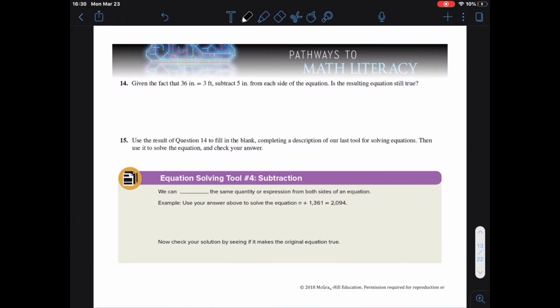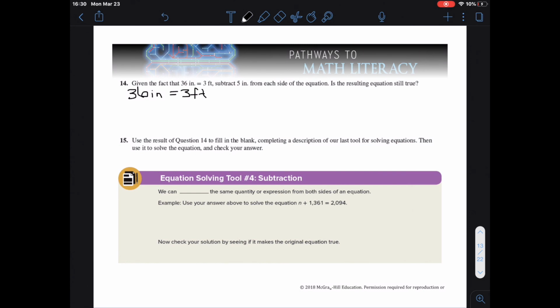Now our last tool deals with subtraction, and it's very similar to addition. 3 feet is 36 inches. If you subtract 5 inches from both sides, you want to see, do we get a true statement? So we're starting with 36 inches is the same as 3 feet.